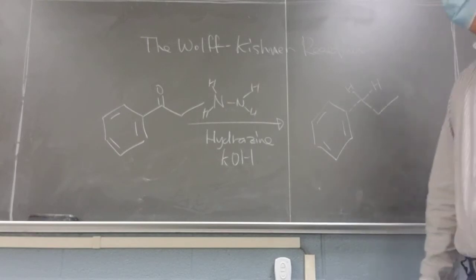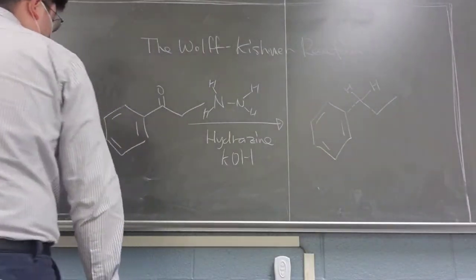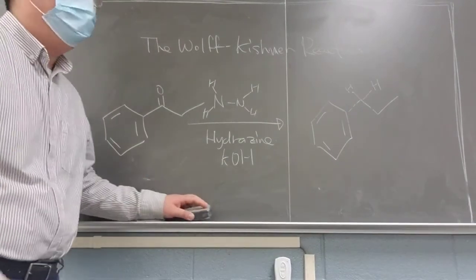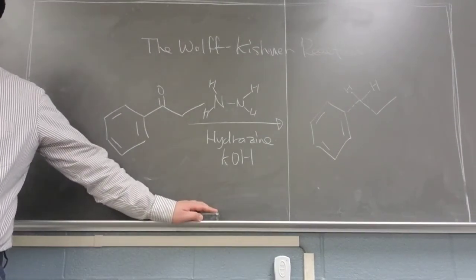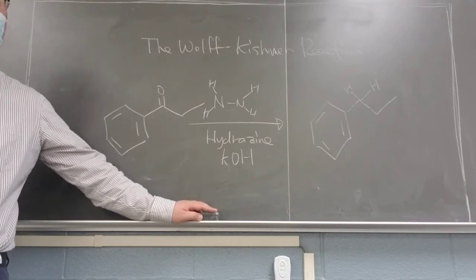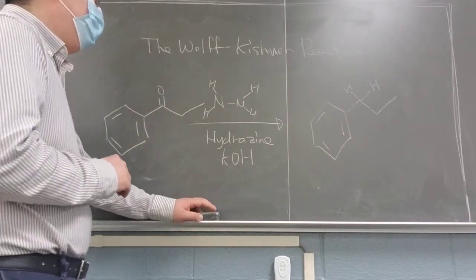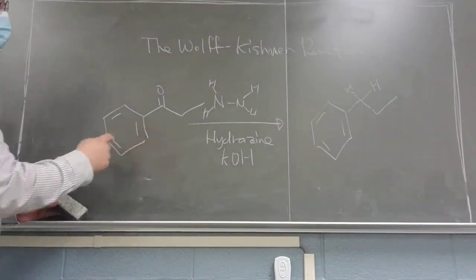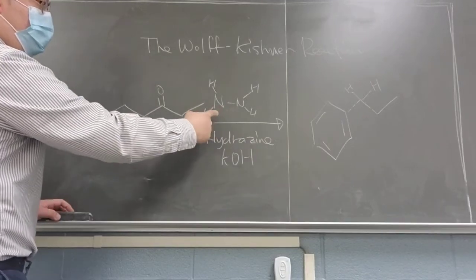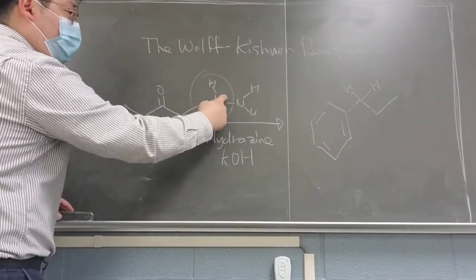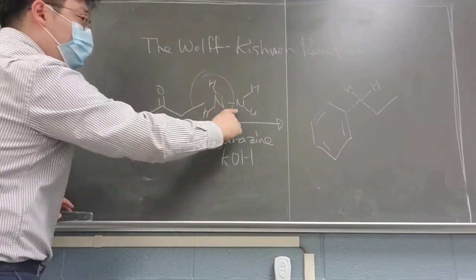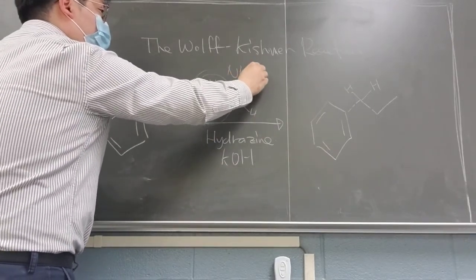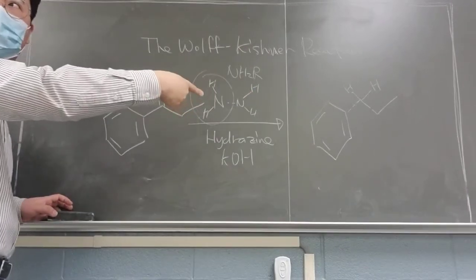Okay, so if you think about this one, I'll show you the mechanism, which is actually quite short here. Do you guys remember what we just did for imine, right? Primary amine. So we're gonna do similar work here. If you try to treat this one with the hydrazine, which is similar to what you have, an R group, 2 hydrogens, so it's like this type of reaction we just did.